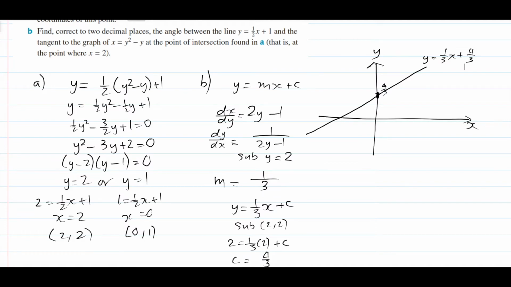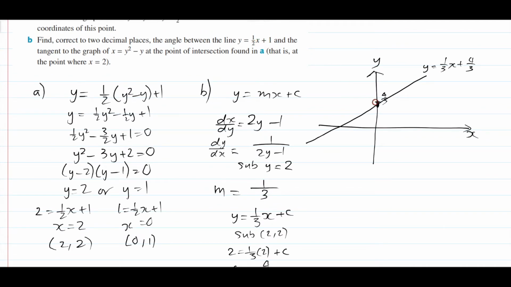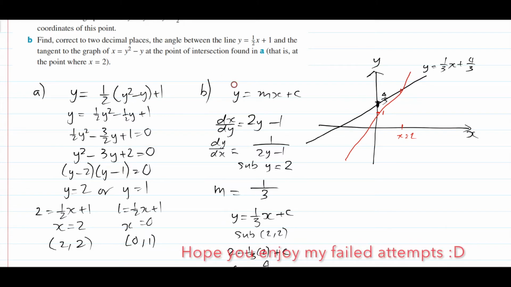Okay, now I'm going to sketch you the line, y equals half x plus 1. So the y-intercept here is 1, and then it should intersect at x equals 2. So wherever x equals 2 is, this line intersects the tangent. I don't know the shape. Oh, this is a terrible graph.